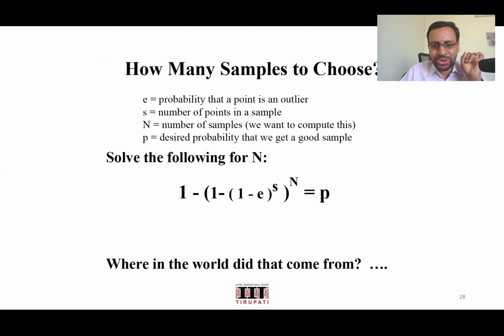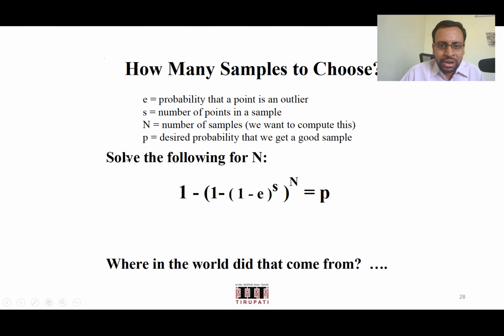I don't mind showing you, but if you could decode and come up with the answer, I'll be pretty happy. e is the probability that a point is an outlier, s is the number of points in a sample, so for example, if it is a line, I need 2 points. Capital N is the number of samples, the number of times I need to repeat this experiment. p is the desired probability. I want to say with 99% probability I now have the right parameters.